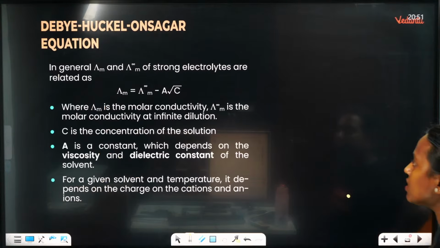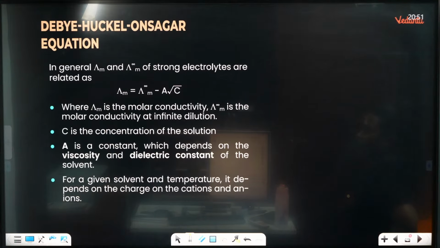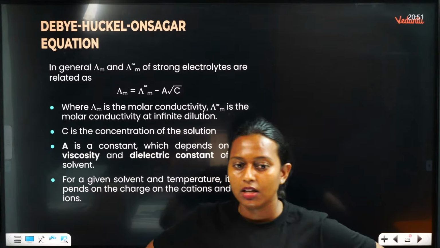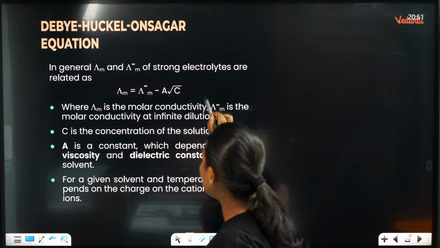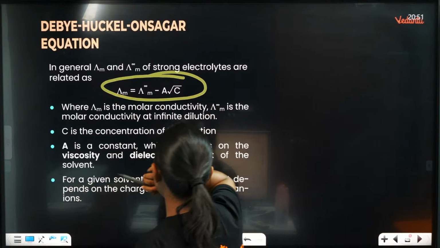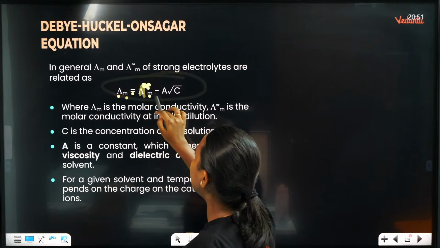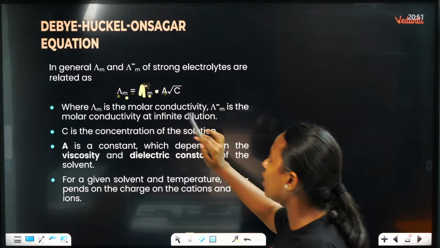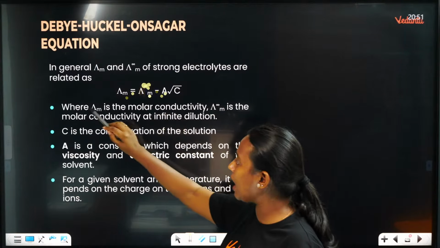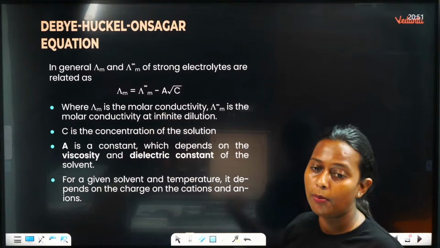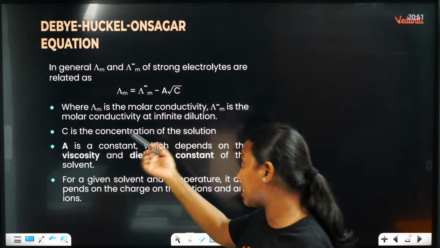Then next is Debye-Huckel's rule. This equation is actually important. Lambda M is equal to lambda infinity M minus A root of C. What is lambda M? Lambda M is the molar conductivity.